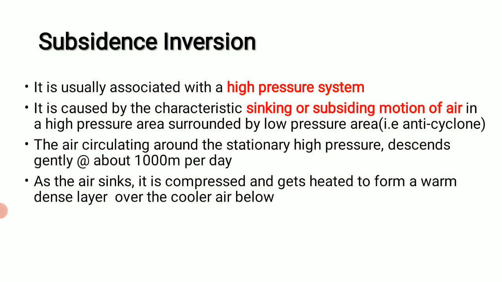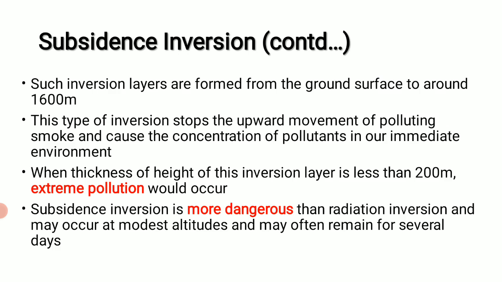This kind of inversion layer is formed at a height of 1600 meters from the ground, and this kind of inversion also stops the upward movement of polluting smoke, and will cause the pollutants to get concentrated in our close environment.